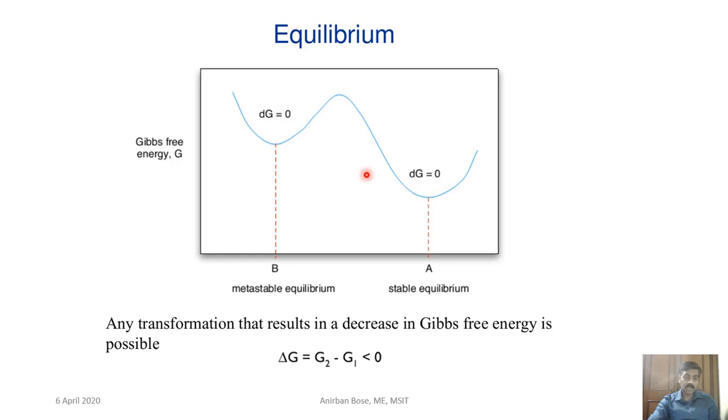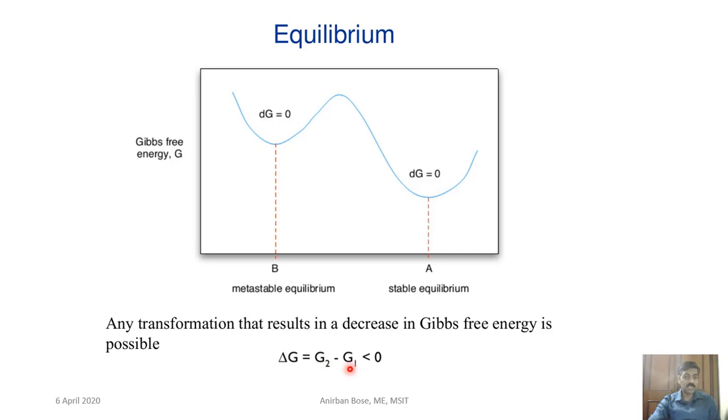That means the system always tries to move in a direction such that its free energy will decrease. That means the final free energy because of a transformation will always be less than the initial free energy.